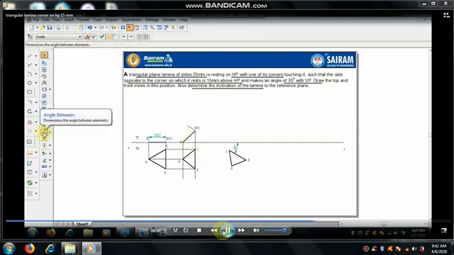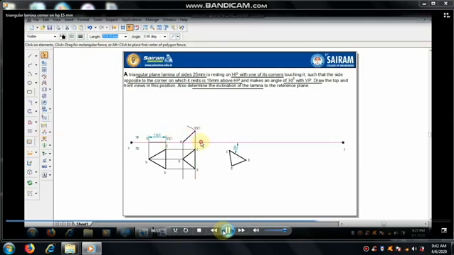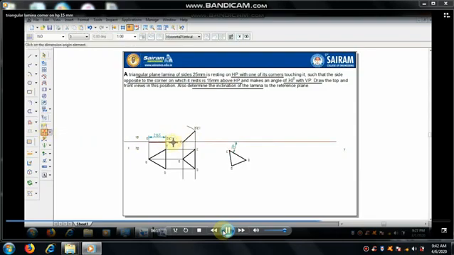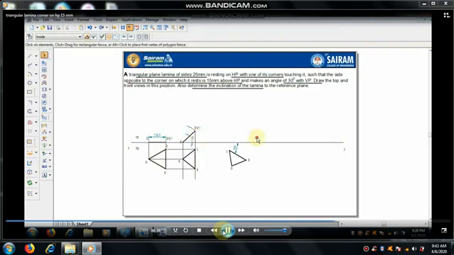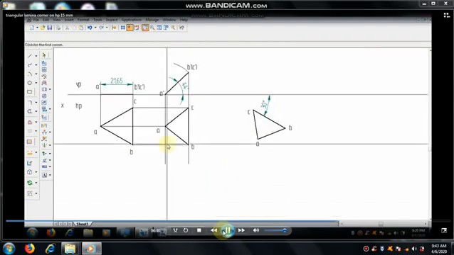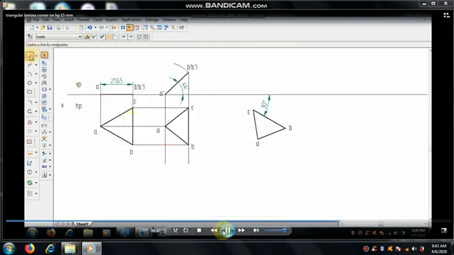The angle over the HP with the reference line, as it actually should be, we have to identify the inclination of the lamina as per the question. So we have to find out the inclination of the lamina with reference to the XY line. If you are not able to see, you can zoom in. There is a 44 degree angle.